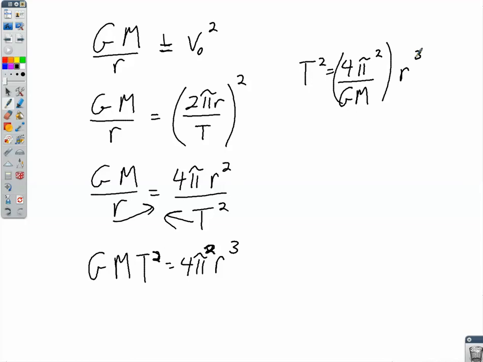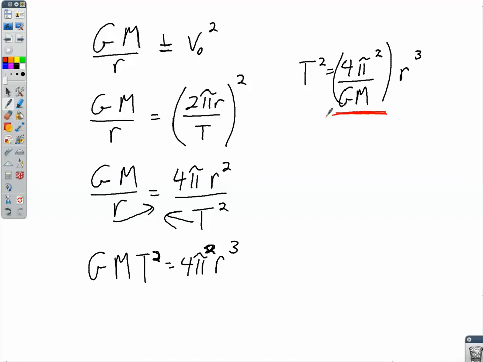So we do see that the orbital period squared is indeed proportional to r cubed. And 4 pi squared over big G M is a constant if we're talking about orbits around the same object.